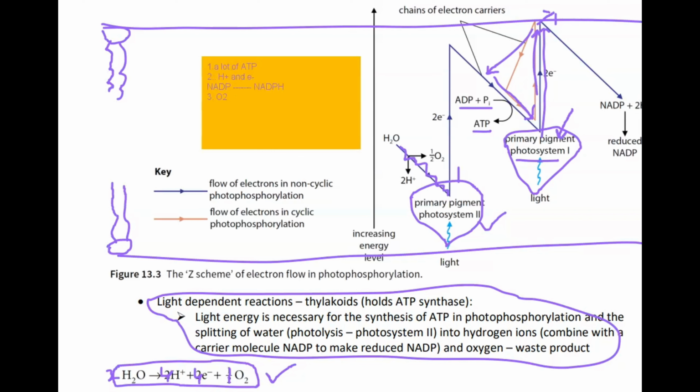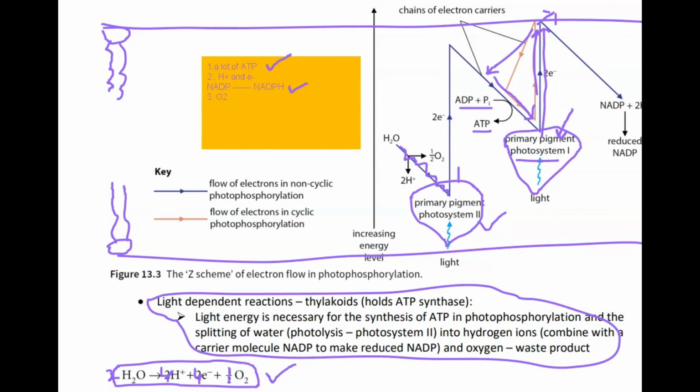So the things which are being used here are ATP, which is required for light independent reactions, and then number two, reduced NADP. These two things will be utilized in the next step of photosynthesis, that is the light independent reaction. So the third product, oxygen, may be used during cellular respiration, I mean in the mitochondria for oxidative phosphorylation. But in daytime, it diffuses out of the stomata and is released into the air.